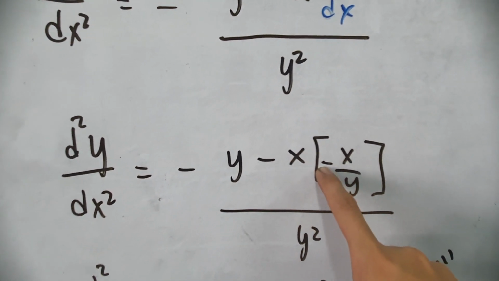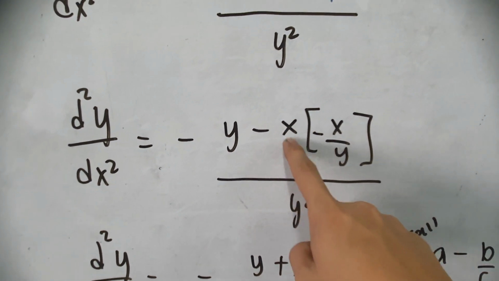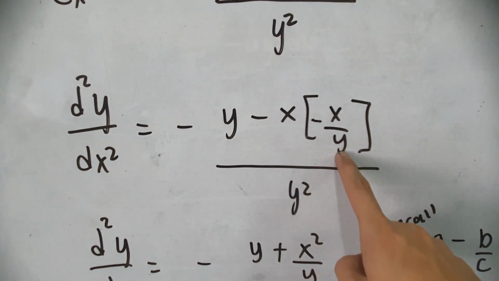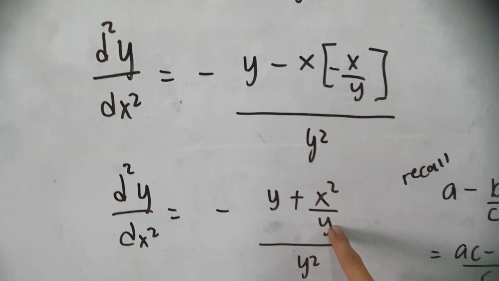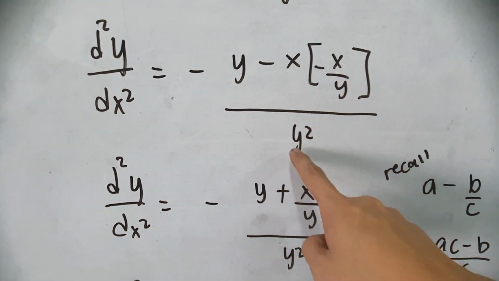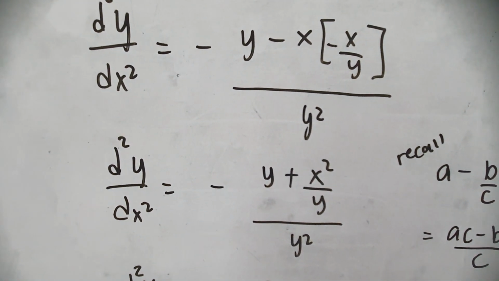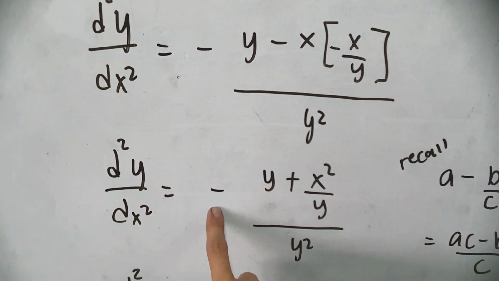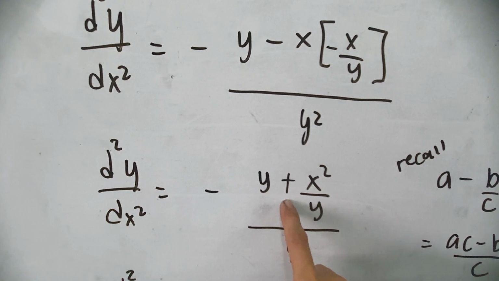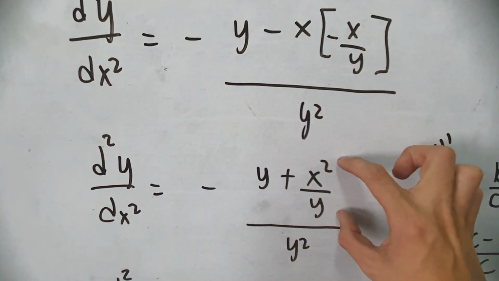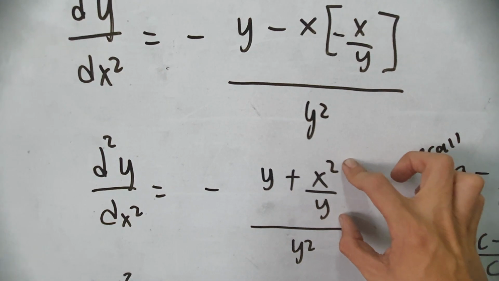Negative and negative, this will become positive. Numerator times numerator, this will become x squared divided by y. So we still copy our denominator, y squared. We now have d squared y over dx squared is equivalent to, we still have our negative, y plus x squared over y squared. So we're going to manipulate the simple algebra right here.